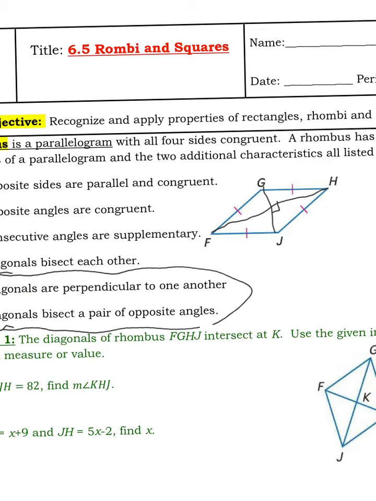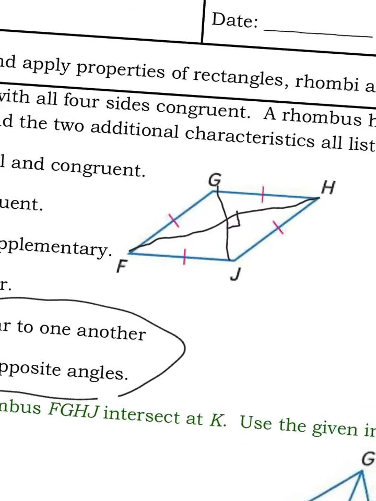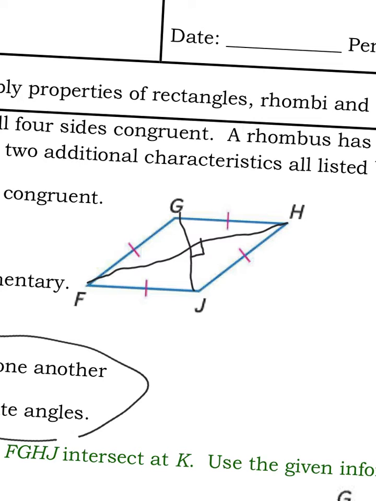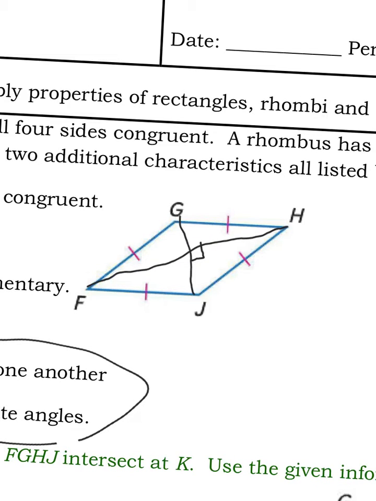Okay, so if they bisect the angles, that means they're cutting them in half. So that means this angle over here is congruent to that one over there. And then opposite angles are congruent, so it'd be like that, and you'd have this situation going on there.